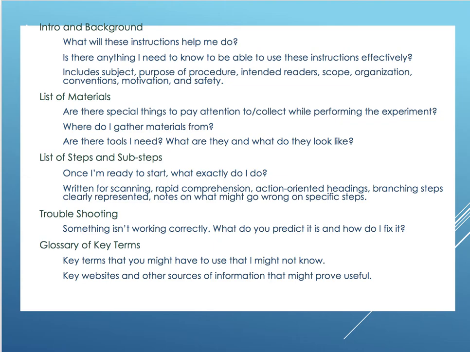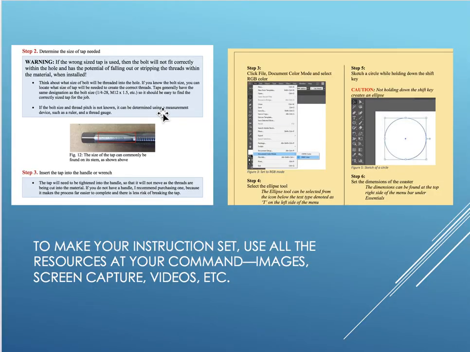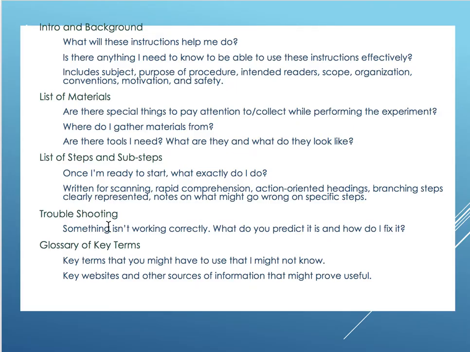If we go back to the example I gave you, we see that this main step is here, it's action-oriented, and then it branches out to sub-steps or warnings. So you want to be sure that it's clearly demarcated. And then make sure that you have notes, that the warnings somehow stand out, and you're also noting what might go wrong in specific steps and how to fix that.